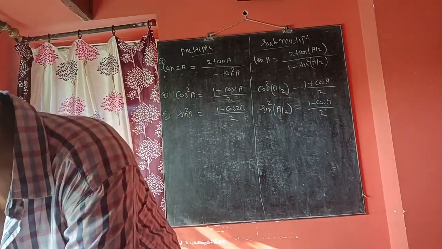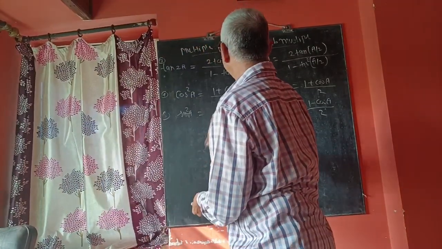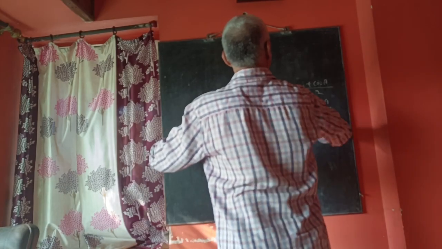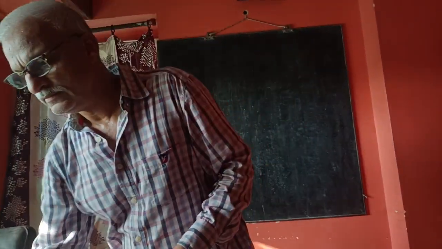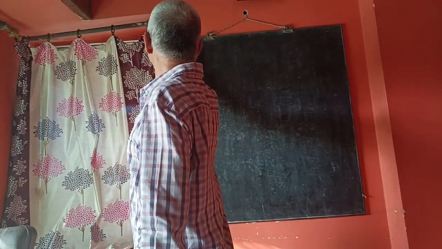Now for the angle 3A there are three formulas. We will write them out as fifth, sixth, then seventh one.